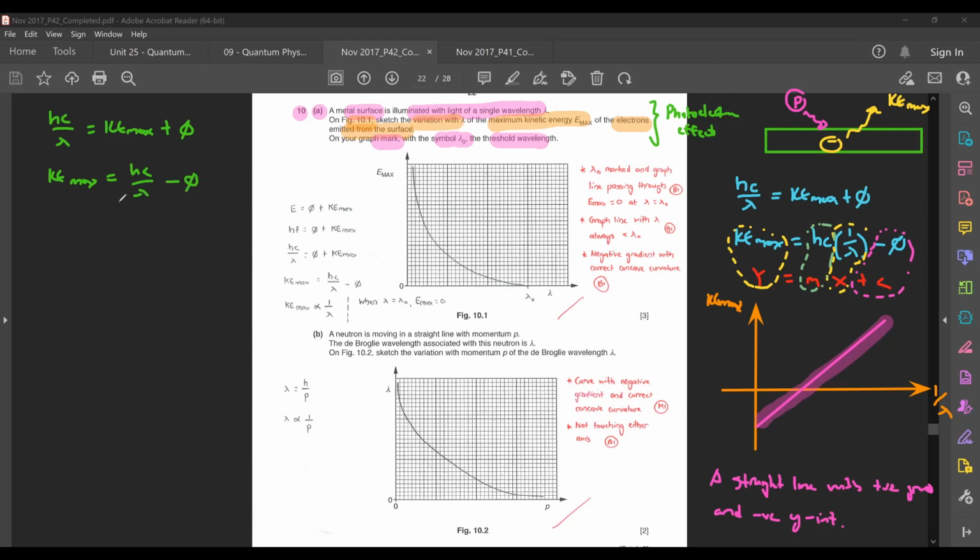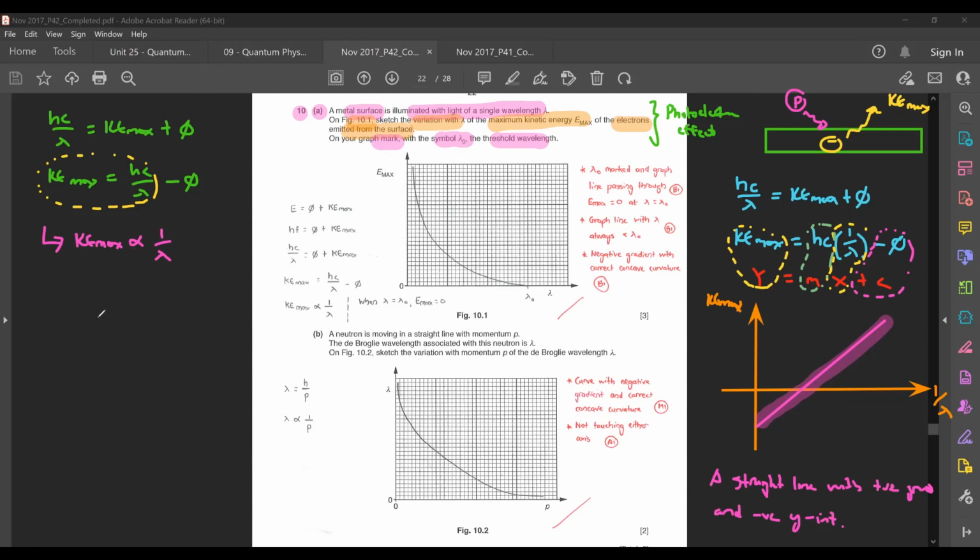From looking at this equation itself, you could come to one conclusion: KE max is inversely proportional to wavelength, if you just consider this portion itself.